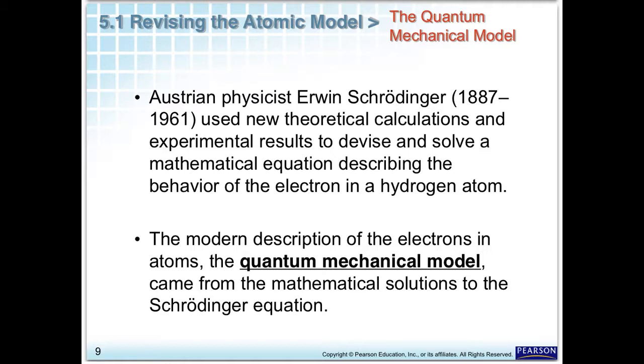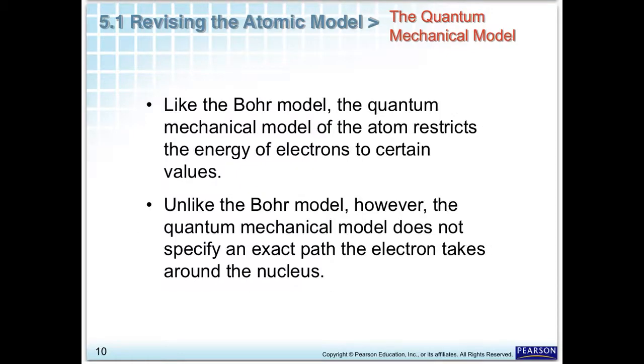And it comes from the mathematical solutions to the Schrödinger equation. So there are similarities in the Bohr model to the quantum mechanical model, in that we have certain energy values or energy levels of the electrons. However, we do not have these circular orbits, a specific path for the electron to take.